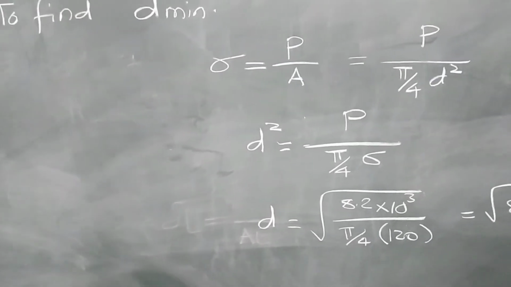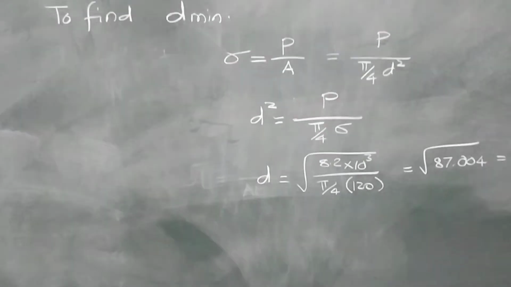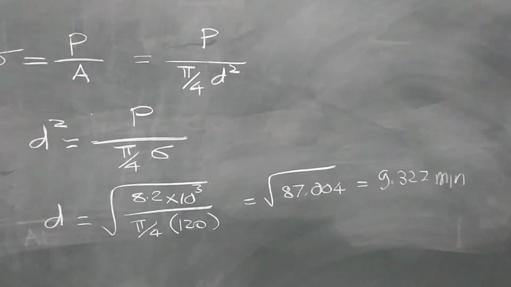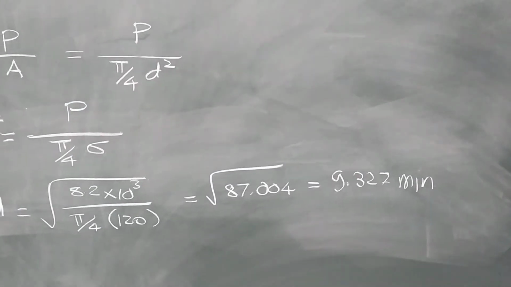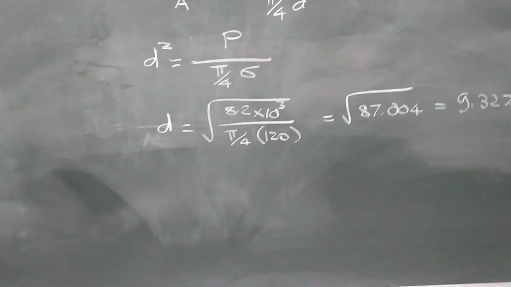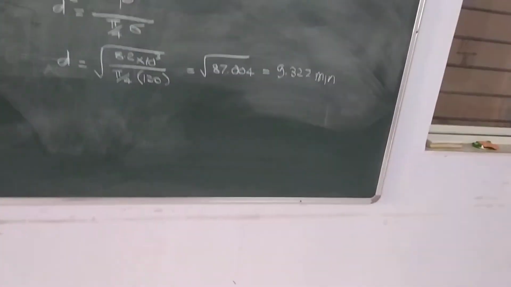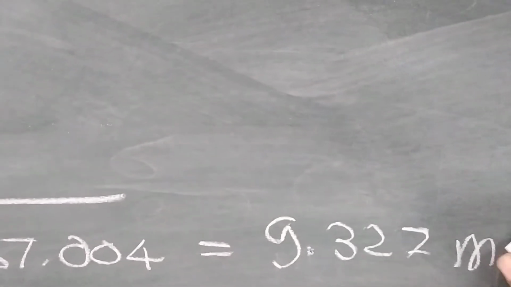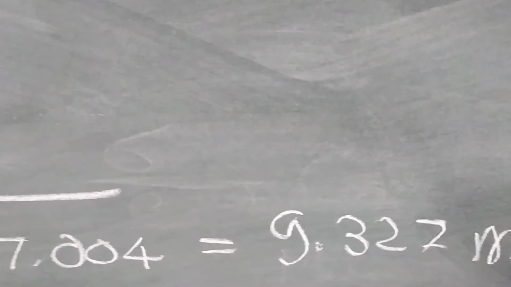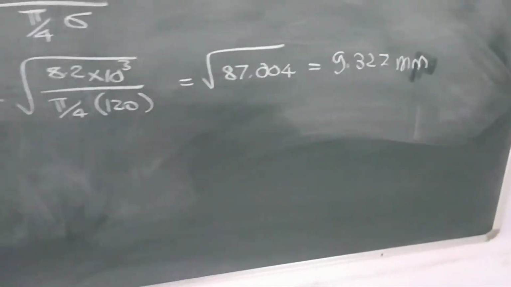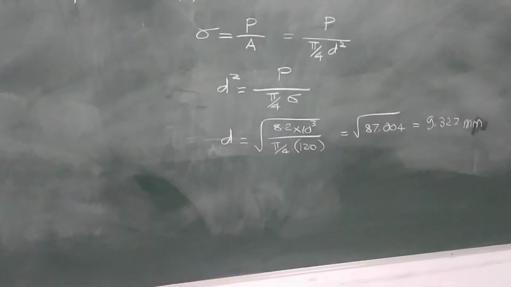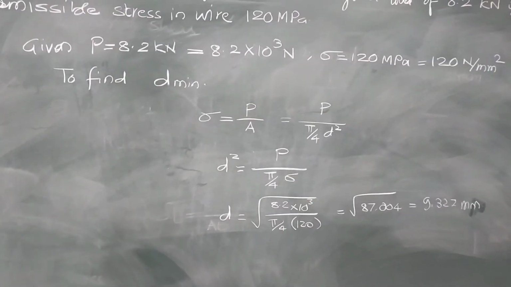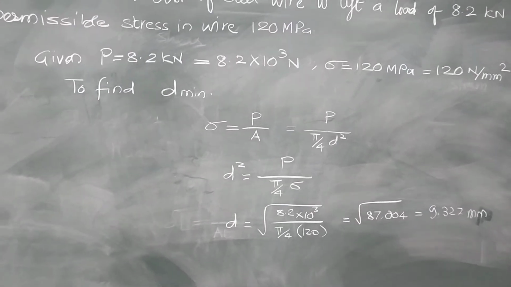This is a solved problem from your textbook. So the answer is d is equal to 9.32. Sorry, I wrote minimum. It is mm. Take down any 2-3 problems on same pattern and try to solve.